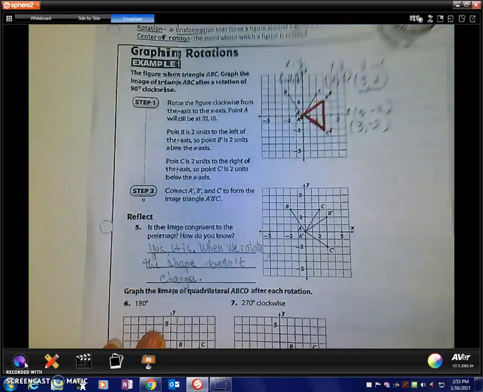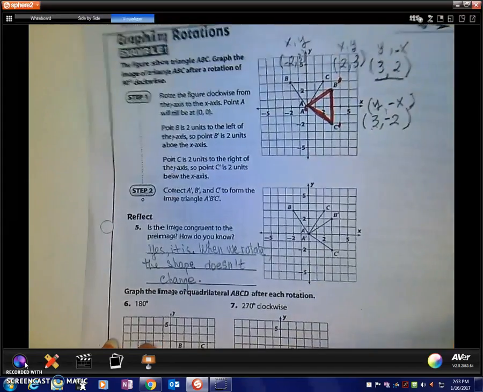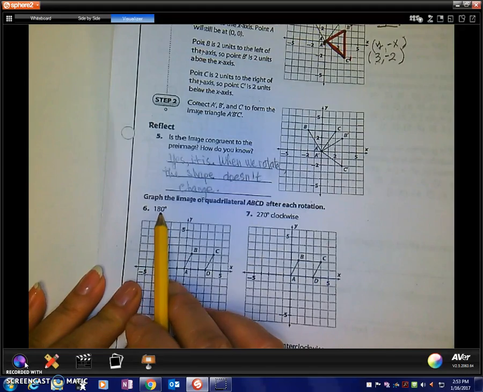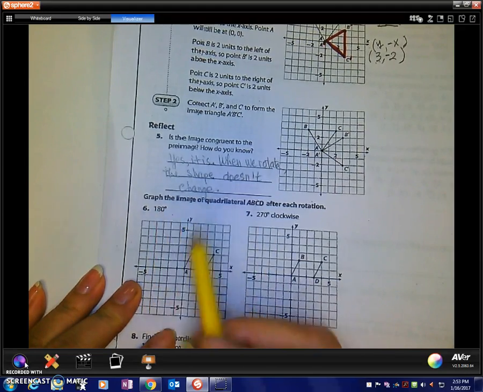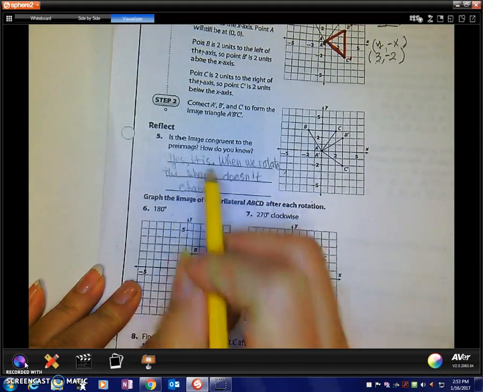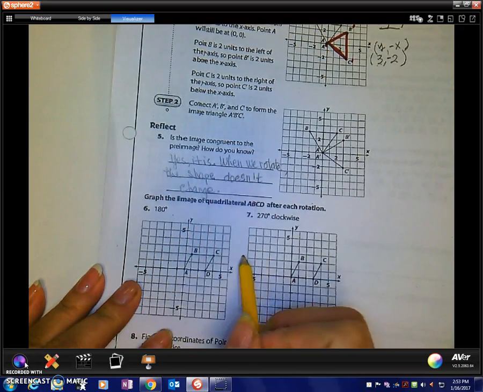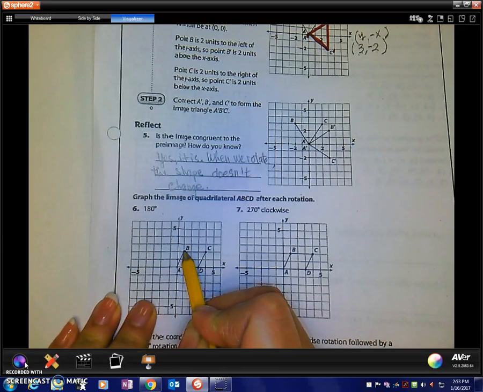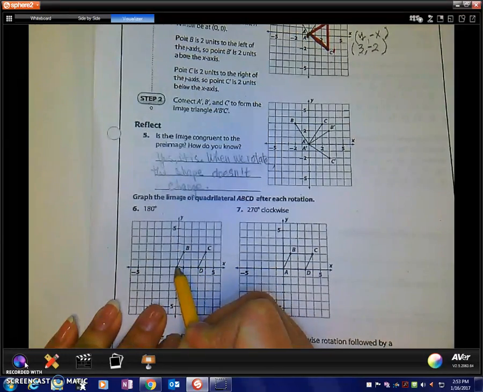Now, another example: we're going to rotate 180 degrees. What does it mean? That means we rotate 90 degrees and 90 degrees again, like twice. From here, A is still A because we rotate around the origin.